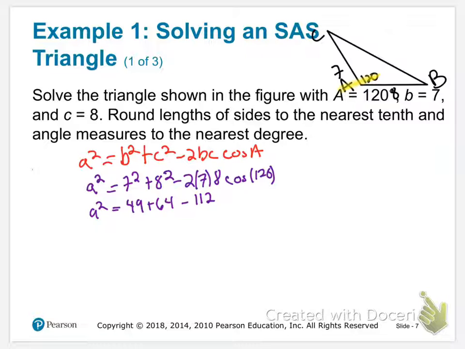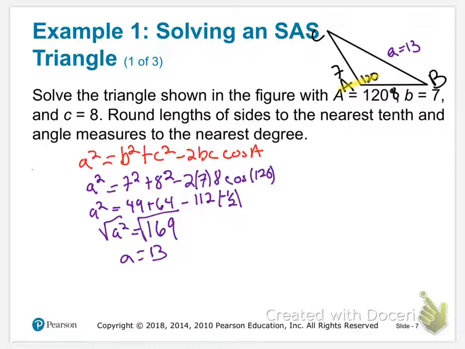We know what the value of cosine at 120 is. It's negative 1/2. It's on your unit circle. So putting these together, we get a squared equals 169. To get a by itself, we square root both sides. I know you guys know that a has to be 13. So up here, a equals 13.